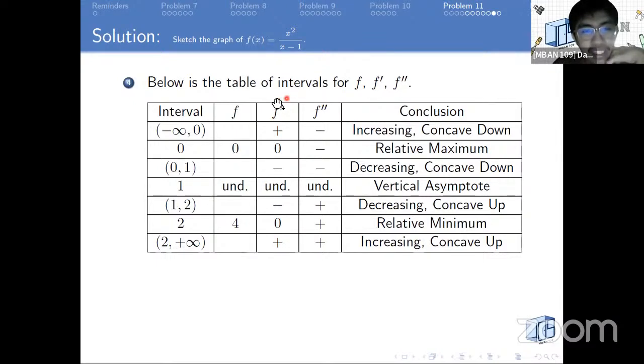Ngayon sa f prime, hahanapin nyo kung positive ba or negative yung value pag nag-substitute kayo ng value ng x within that interval. Syempre lahat ng nakuha natin kaninang value of x na yung f prime of x mo ay 0, so 0 na ilalagay natin diyan.